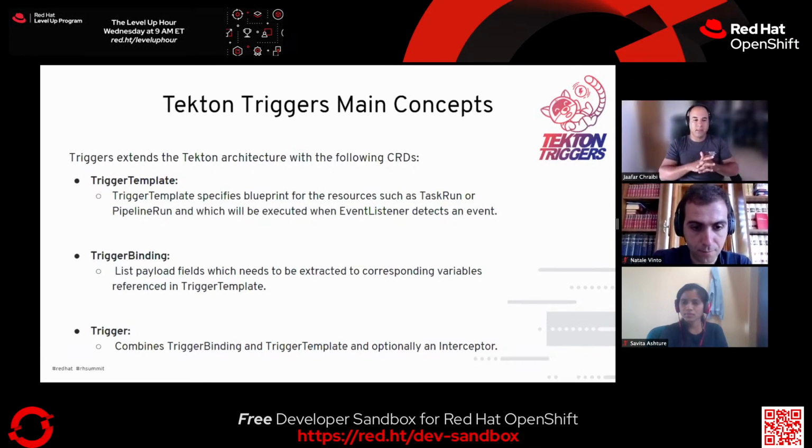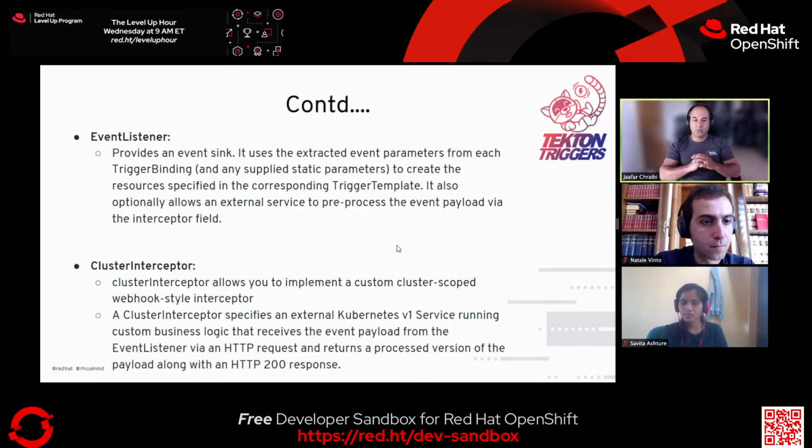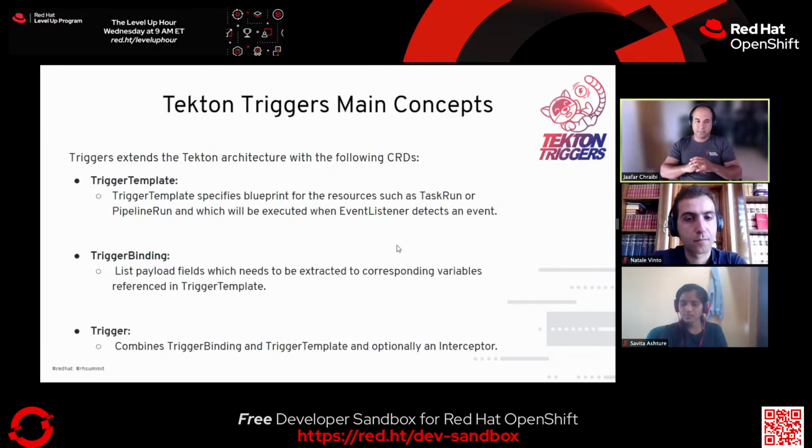Usually, as a developer, or even if you are implementing continuous delivery, you want to trigger your pipelines from a Git event, like you make a commit or you merge a pull request. Then you want some pipelines to automatically get executed.